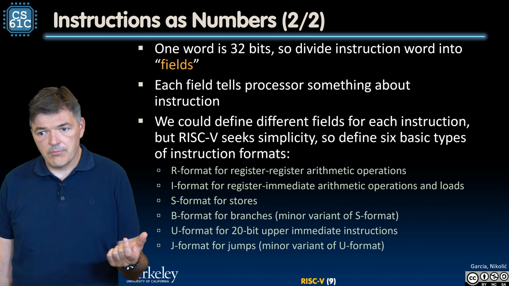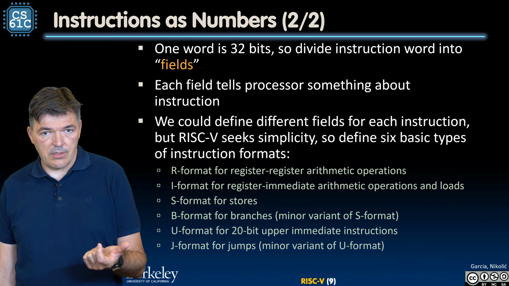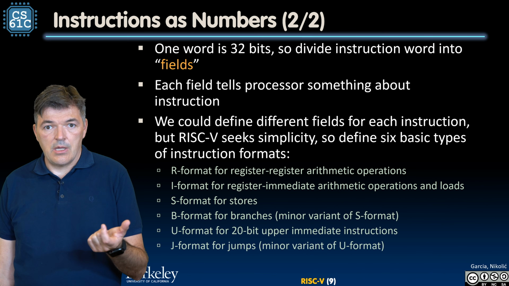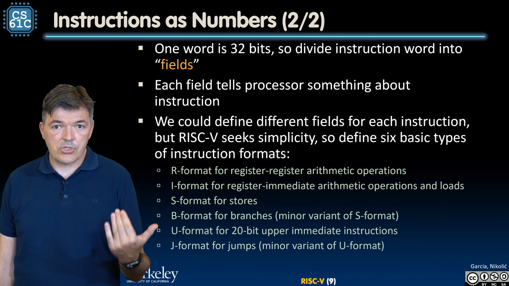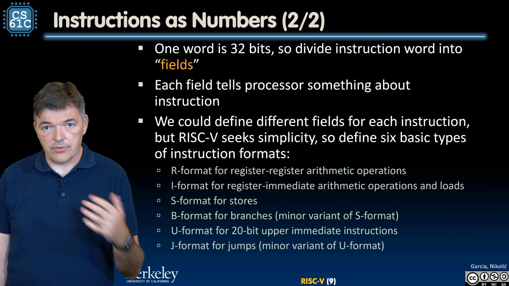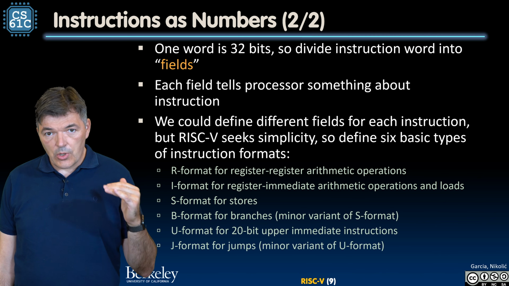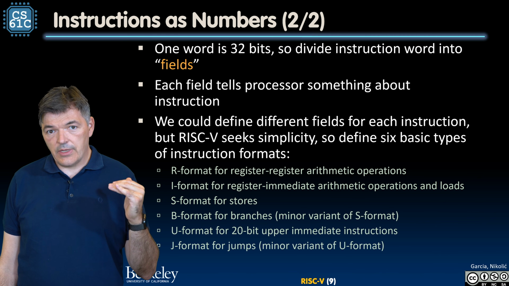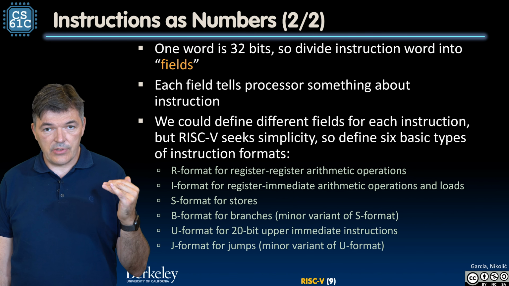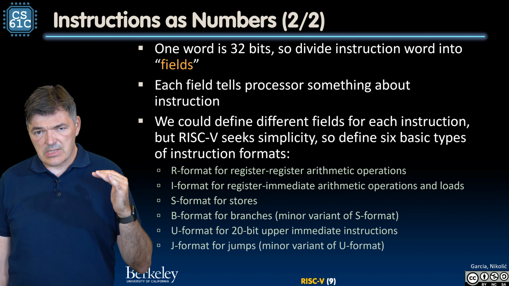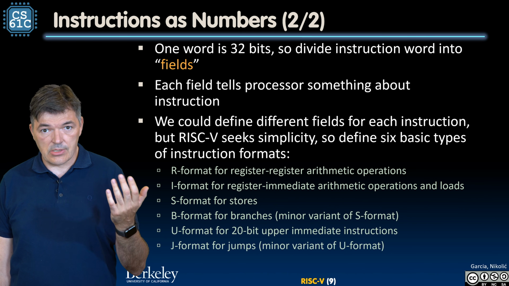One thing we will see is that since we have 32 registers in the RISC-V ISA, we'll need to reserve 5 bits for each of the operand registers out of these 32. But we also would like to have a field that is going to describe what type of instruction it is, because it will lead to different sequences of operations inside the processor.